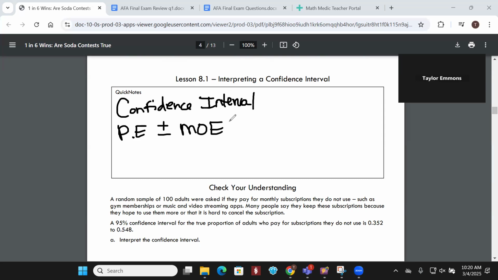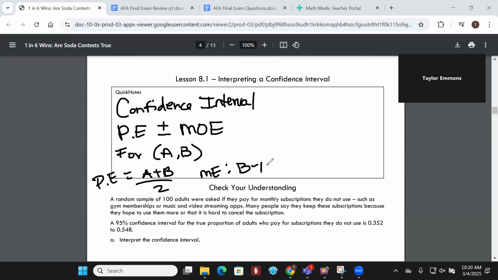For an interval, let's say they give us A comma B. If I'm trying to find the point estimate, doing the reverse, I add them together and divide by 2. Just like what he said earlier, we're going to find the halfway mark. If we're trying to find the margin of error, you subtract the two and then divide by 2, and that gives you the margin of error. So if you're having to work backwards, that's how you do it, which is what we did.